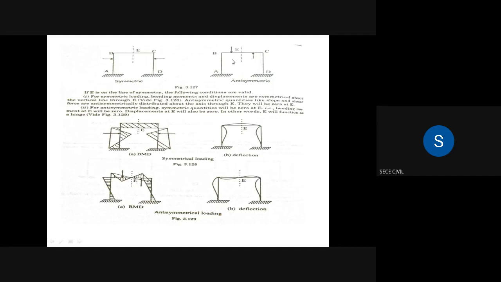W1 is acting downward between B and E. In the next span EC, we have an upward load. So based on the loading condition, it is an anti-symmetric or unsymmetric system.